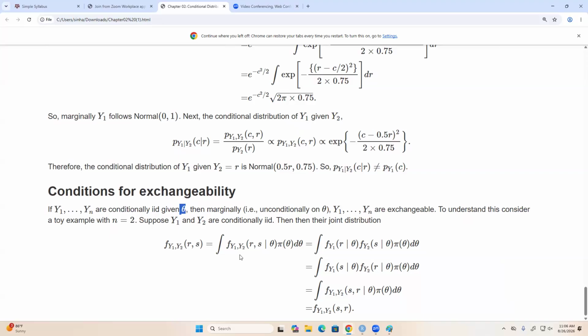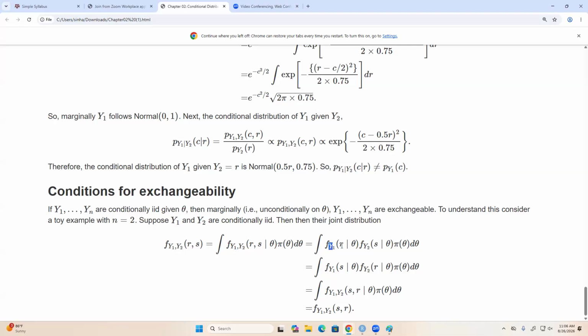Now to see that, suppose I have two observations, n equal to 2, and y1 and y2 are conditionally IID. Then their joint distribution of y1, y2 at r comma s is equal to the joint distribution given theta times pi theta. What I told you is that these two are conditionally independent.